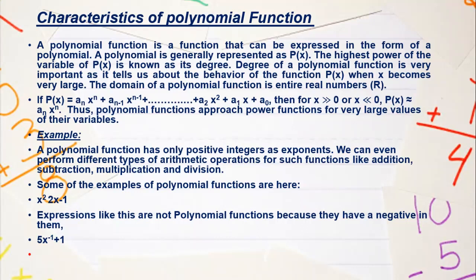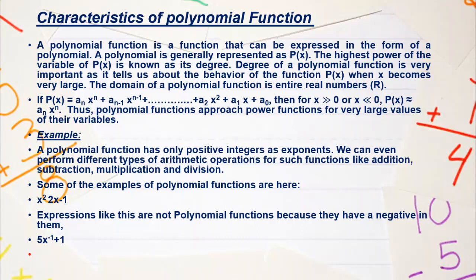So thus the polynomial functions approach power functions for very large values of their variables. Giving an example, a polynomial function has only positive integers as exponents. We can even perform different types of arithmetic operations for such functions like addition, subtraction, multiplication, or division.